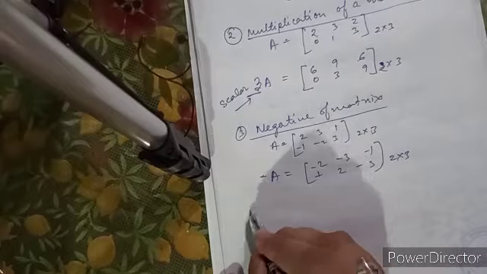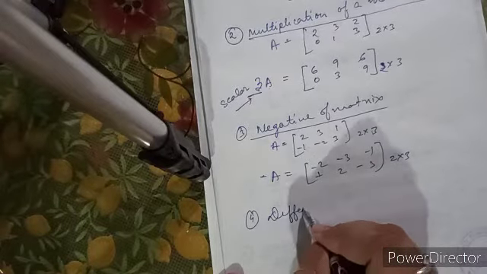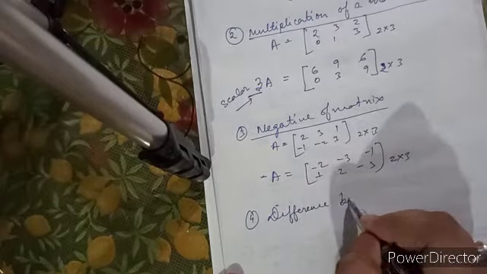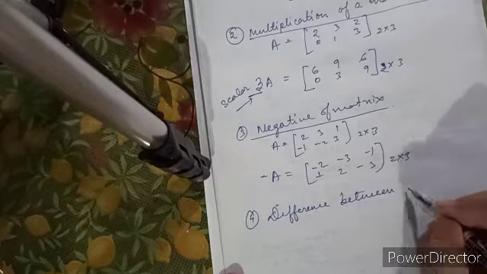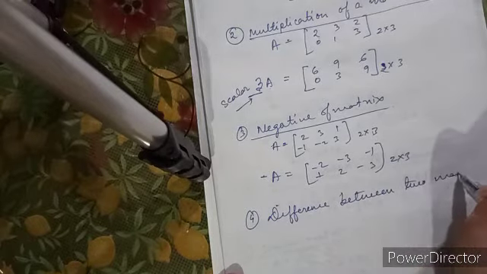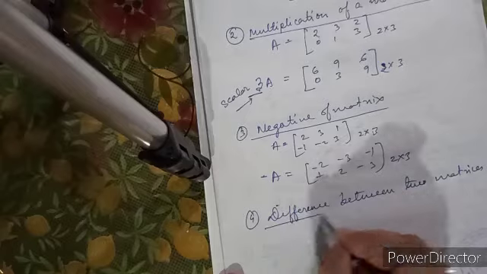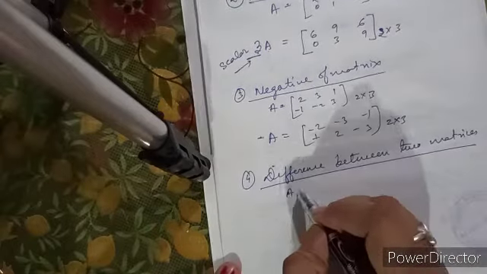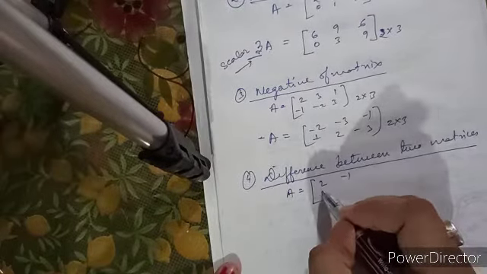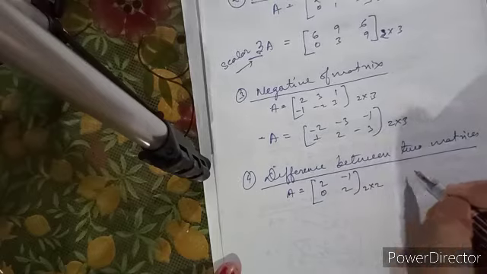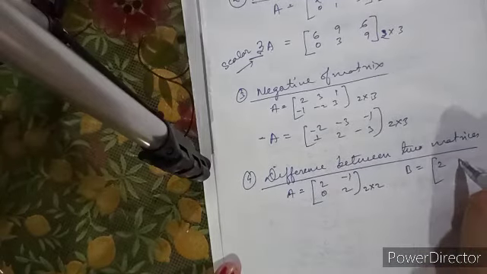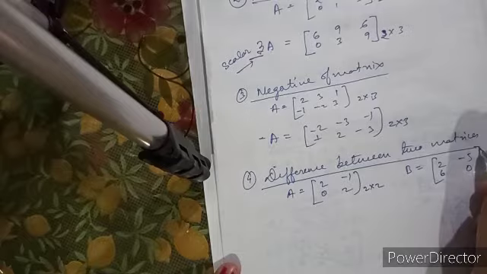Next is the difference between two matrices. Suppose I am having a matrix A as 2, -1, 0, 2 with order 2 by 2, and matrix B as 2, -5, 6, 0.